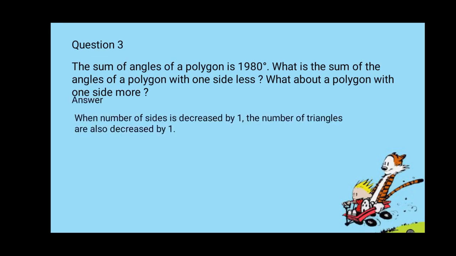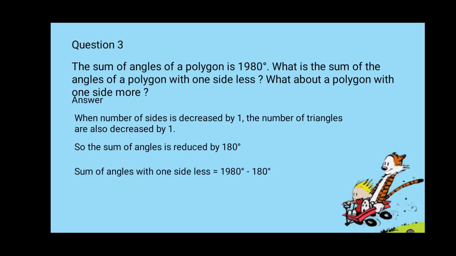When the number of sides is decreased by 1, the number of triangles is also decreased by 1. So, the sum of angles is reduced by 180 degree. So, the sum of angles of the polygon with one side less is equal to 1980 degree minus 180 degree, that is equal to 1800 degree.